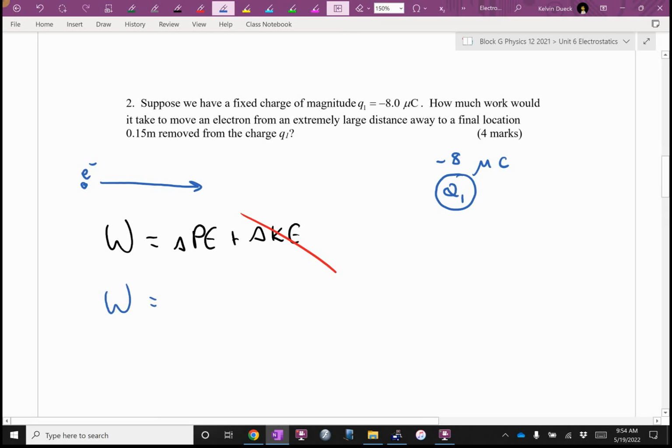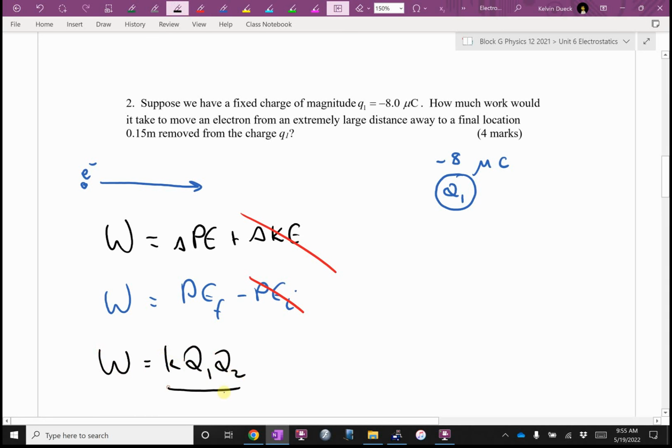I would go like this. Potential energy final minus potential energy initial. This is actually a little better. Starting from a very long distance away, that's out at infinity, I can say you had no energy out there. So I actually end up with K Q1 Q2 over R.